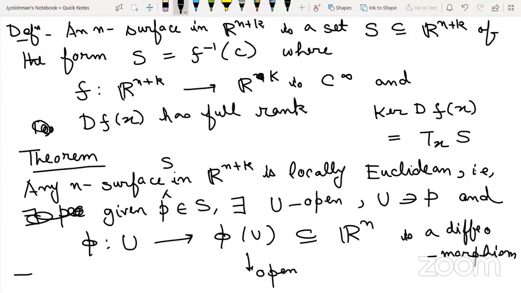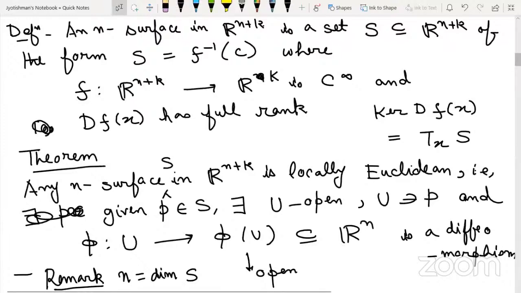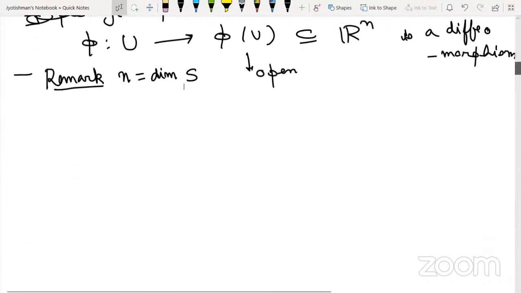So just a remark: this n is called the dimension of S.